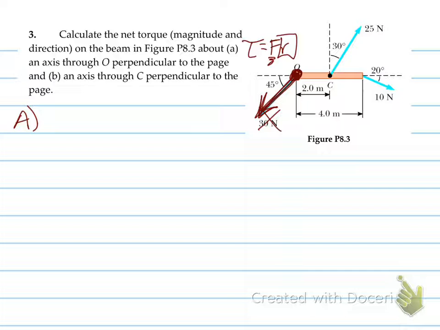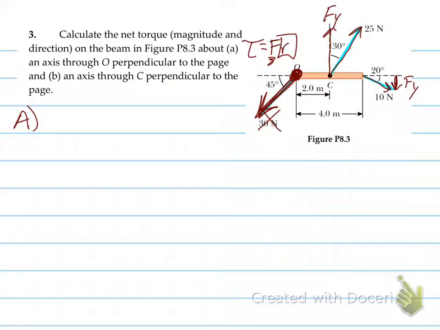So we only have two forces that are causing torque. We have this force here at point C, and remember, it's only the component of the force that's perpendicular to this beam. And then we have this other force over here, this 10 Newton force, and the only part of it that is causing torque is the y component of that force.